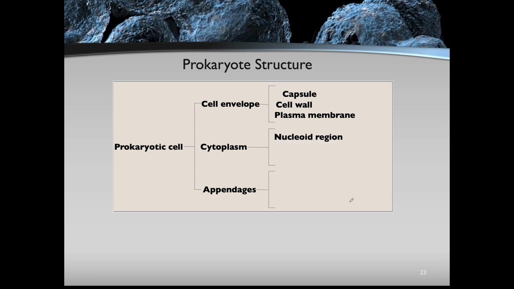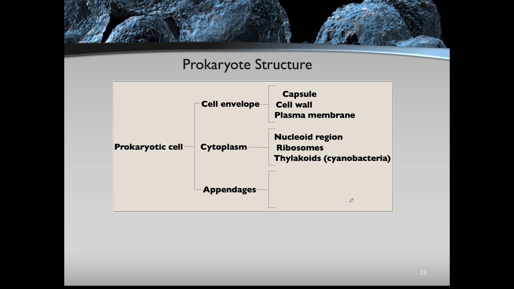The cytoplasm will contain that nucleoid region that we spoke about with the DNA inside of it. It will also have ribosomes, so it does build proteins regularly, with every instruction that's coded on the DNA. And within the cytoplasm of some of our cyanobacteria, those that photosynthesize, we have what are known as thylakoids.